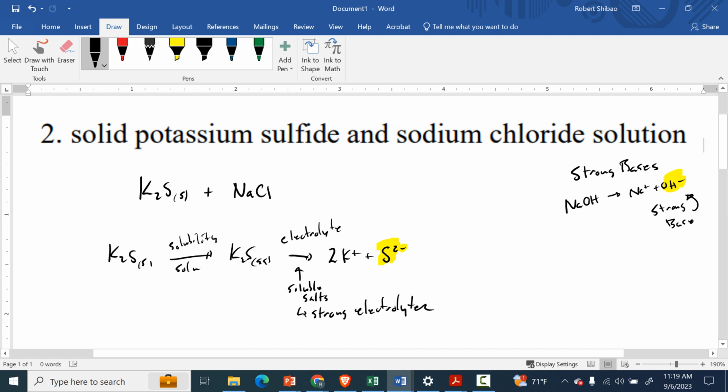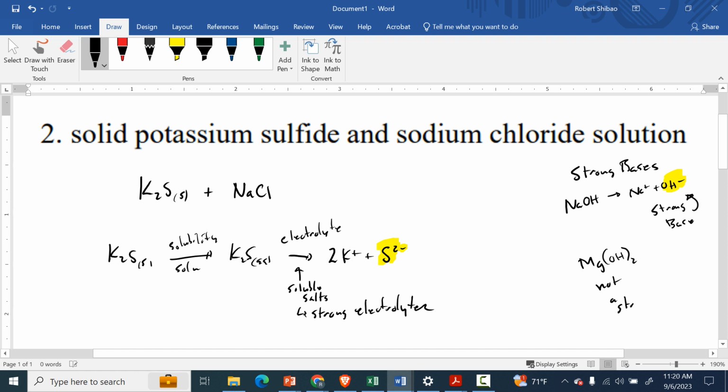What if I had something like magnesium hydroxide? Would you expect magnesium hydroxide to be twice as strong because it's got twice as much hydroxide? No. In fact, magnesium hydroxide we don't consider a strong base. Not a strong base.